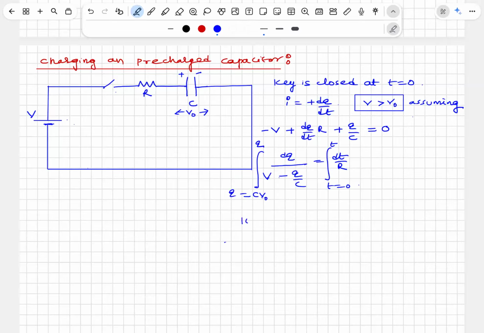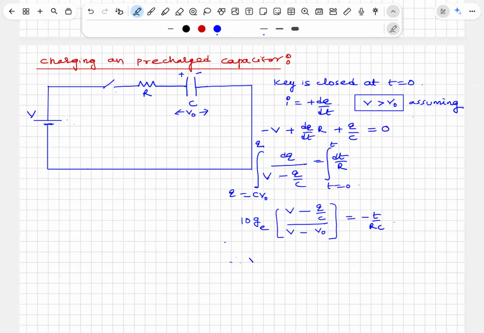In this, log e of (V minus q by C) by (V minus V naught) is equal to minus t by RC.